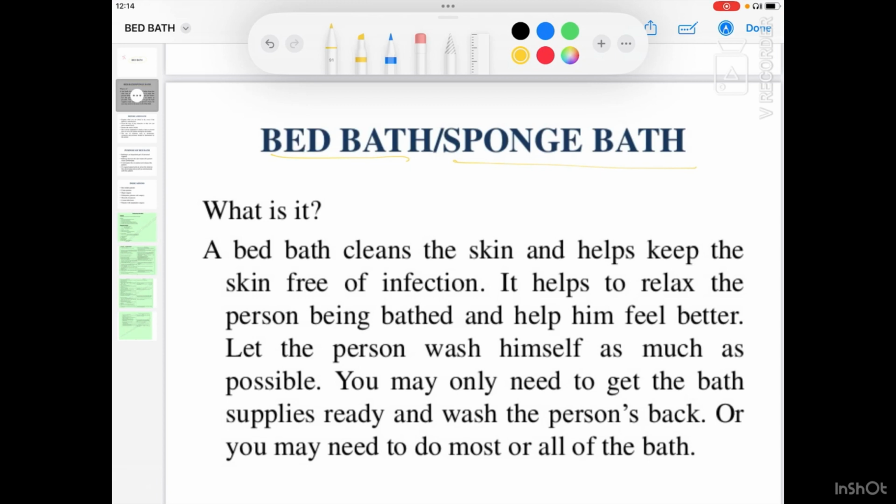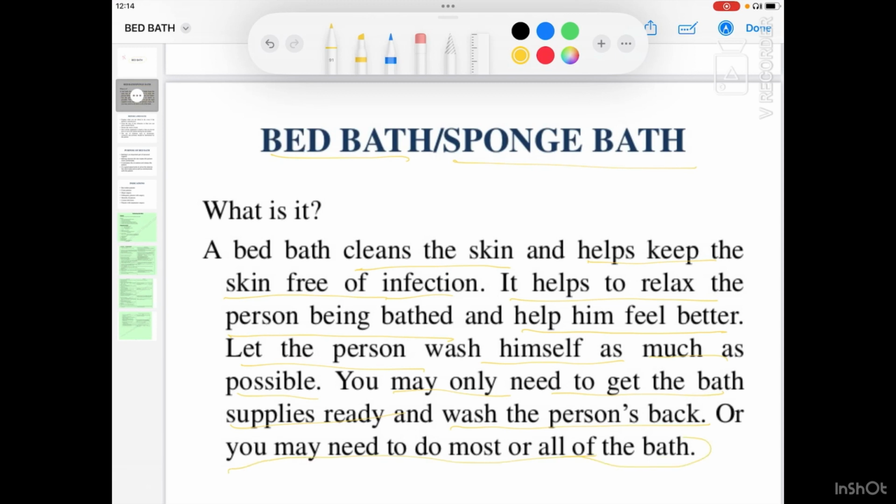Bed bath cleanses the skin and helps keep the skin free of infection. It helps to relax the person being bathed and helps him feel better. Let the person wash himself as much as possible, or you may need to get the bath ready and wash the person's back, and you may need to do most or all of the bath.